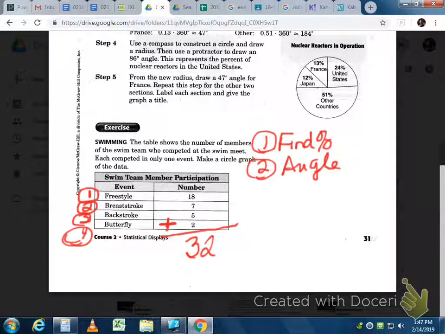What was the first step you did, Team 1? So 18 divided by 32.